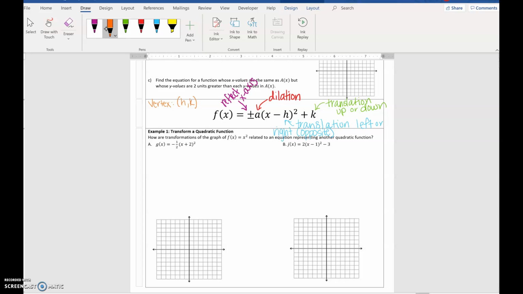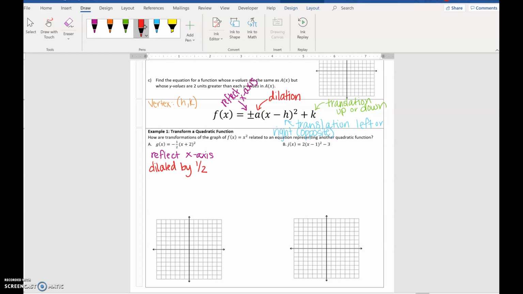Okay, so let's go ahead and do example 1. It wants us to state the transformations, and then we'll go ahead and graph it as well just to see. First we're just going to look left to right and state the transformations. The negative there makes it reflect the x-axis. Then the 1/2 would be our dilation, so dilated by 1/2.